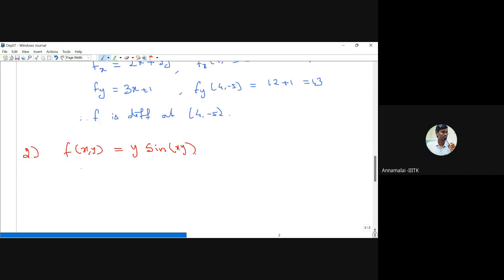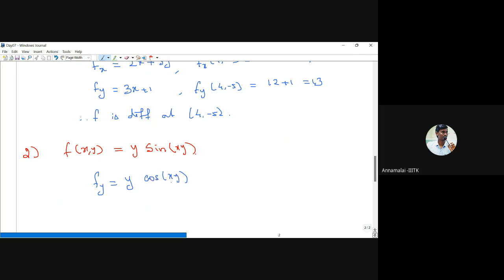Find dou f by dou y, that is, what is fy? You have to treat x as a constant, but this is also a function of y. Since x is a constant, you have to apply the ordinary derivative with respect to y. Here we apply the product rule, u into v. So fix y and then differentiate sine xy. The derivative of sine xy is cos xy.